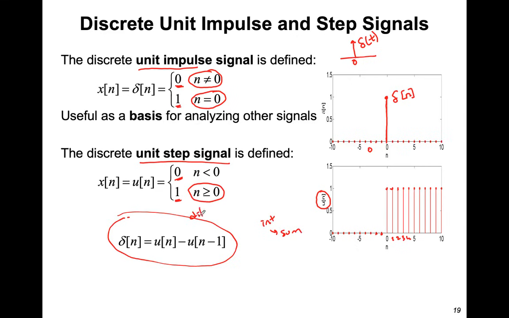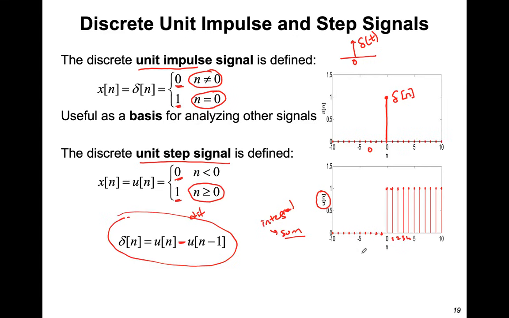When we talk about differentiation, we will be talking about taking the difference. For integration, integrals will be converted into summations, okay? So for the unit impulse function, if you look at this one, what does it mean?